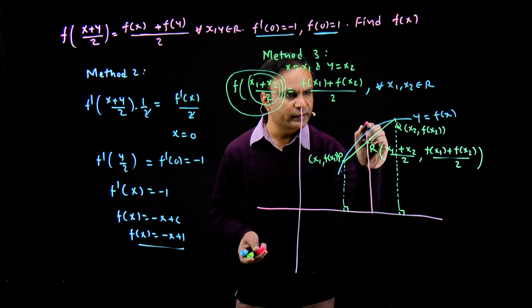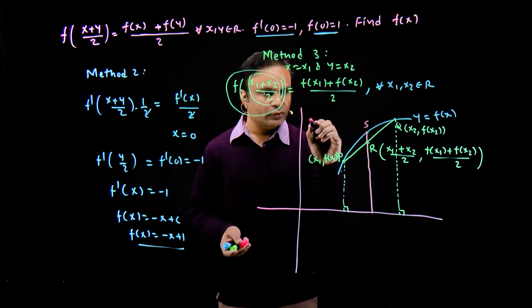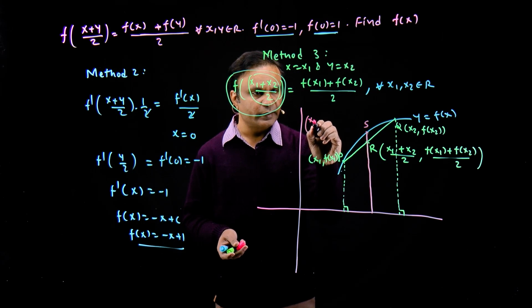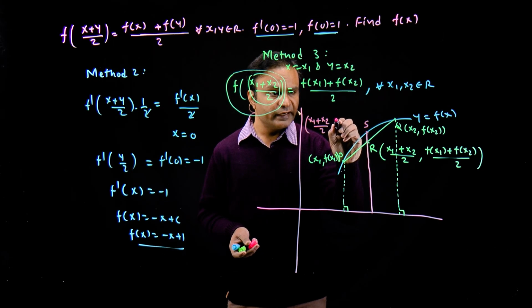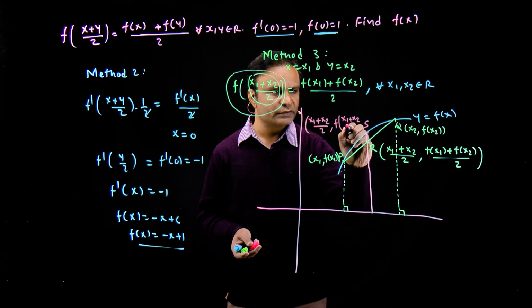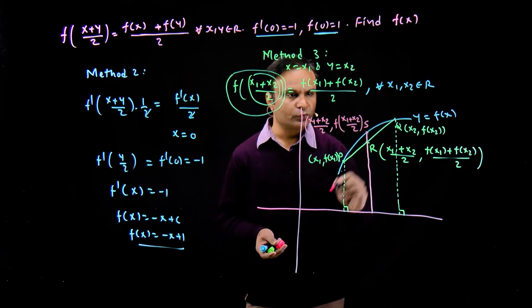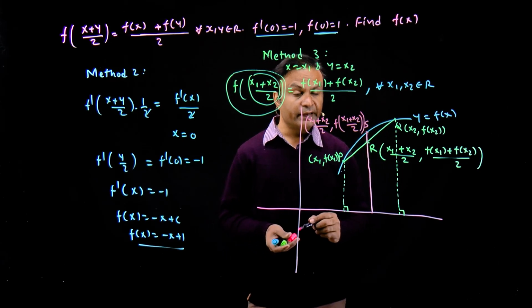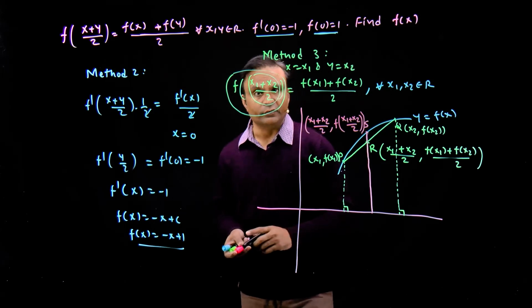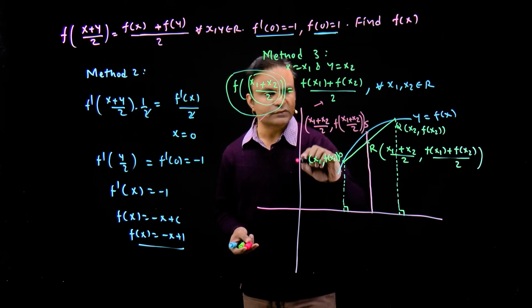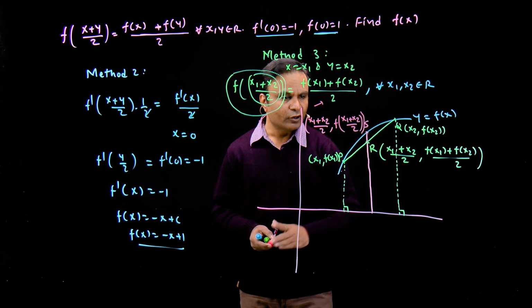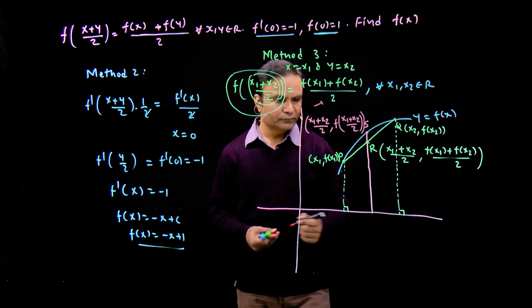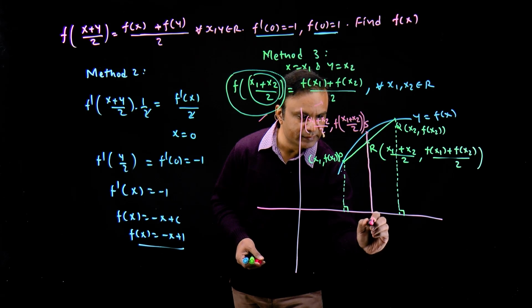Suppose this point is S. Coordinates of this point will be x1 plus x2 by 2, and ordinate will be f of x1 plus x2 by 2. So we have now two values, this and this, on graph of y is equal to fx, or on this figure. Okay, suppose this point is T.